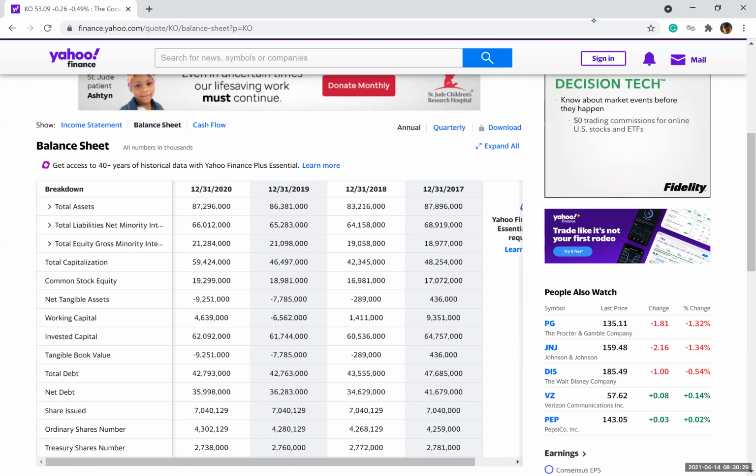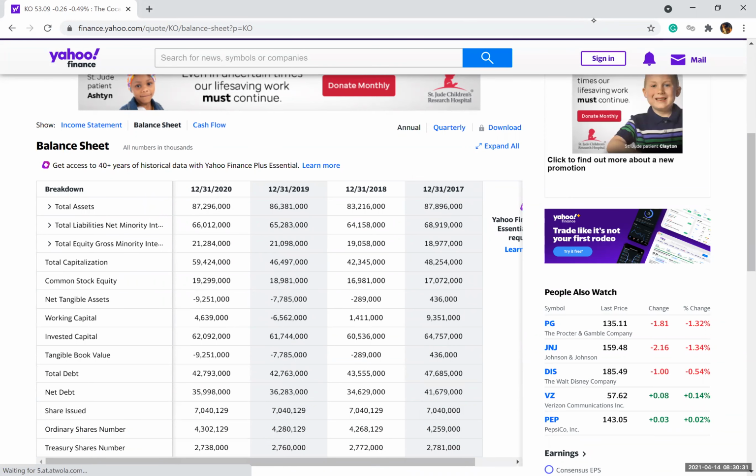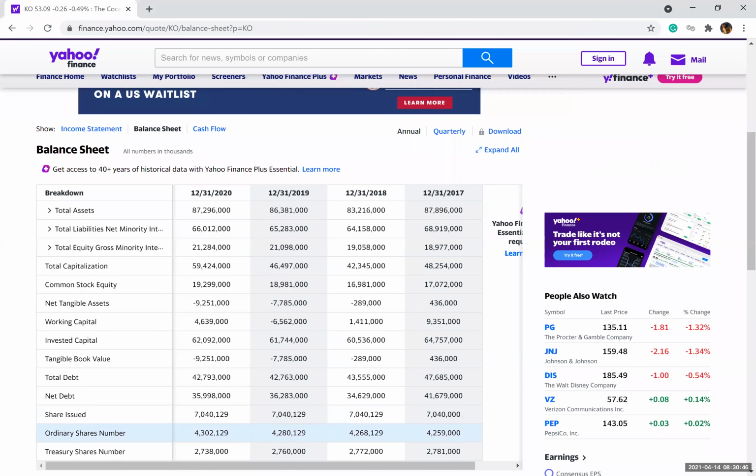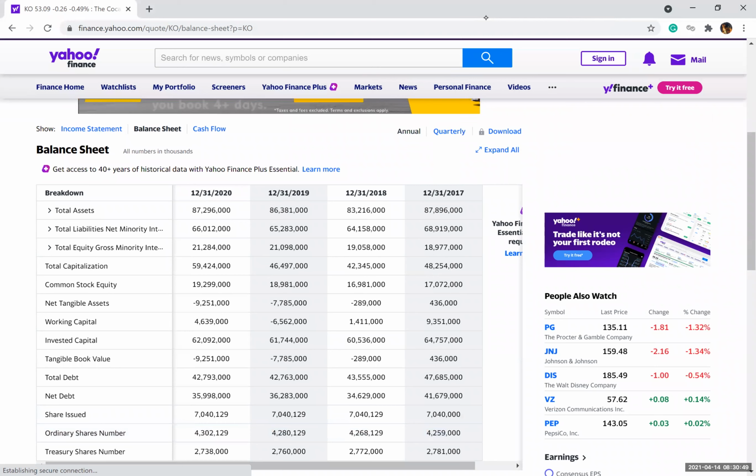So we got 4.309, and we can see here that the ordinary number of shares outstanding is 4.302. Right here, 4.302.